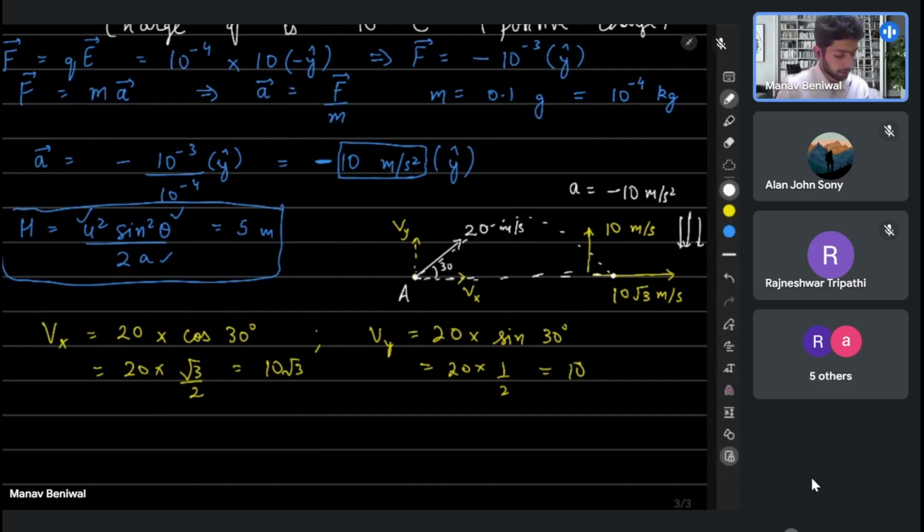So if you notice, the displacement in the y direction when it comes back is 0. So the y displacement is equal to 0 for the entire, let's say this is point B, for A to B.